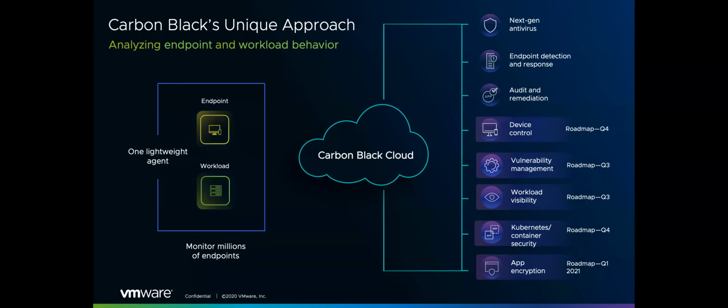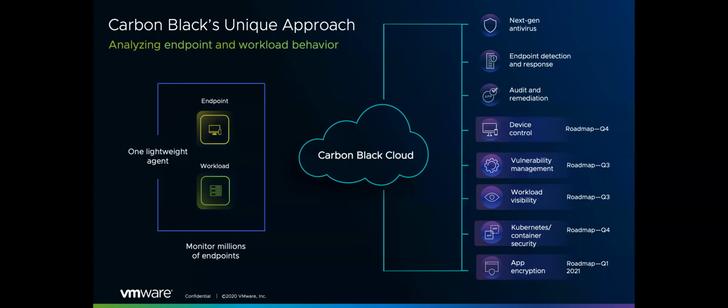Some other things we were very excited about is the audit and remediation aspects of CB Cloud, giving us the ability to connect to live endpoints and identify and audit and remediate specific findings based on vulnerabilities, exploits, things like that, and rapidly respond to events. And I say again, being able to rapidly respond to events was a critical element for us. Outside of just doing traditional next-gen AV, being able to prevent the bad, and then also EDR, having the ability to actually respond to those and have an automated framework around that was critical to our success as well.